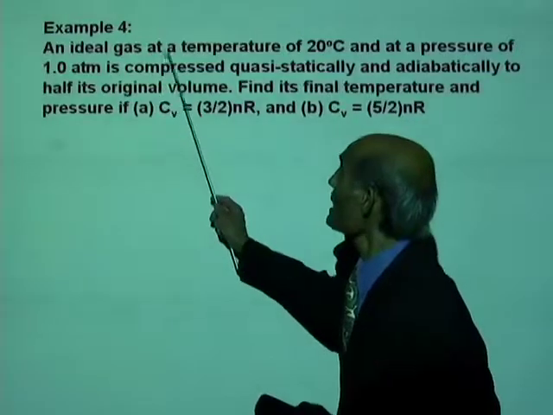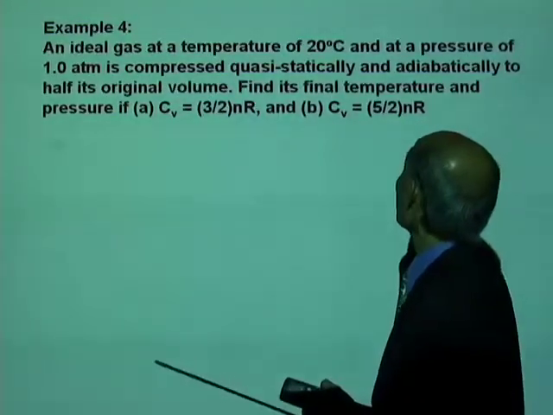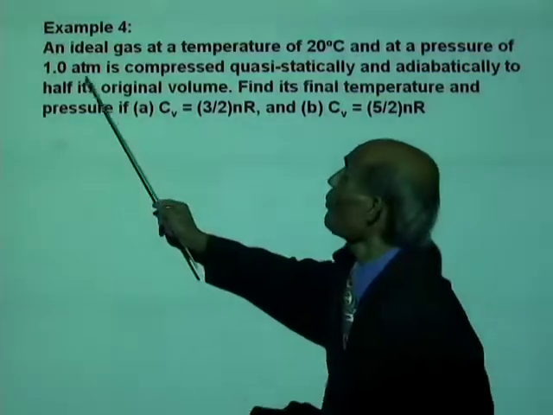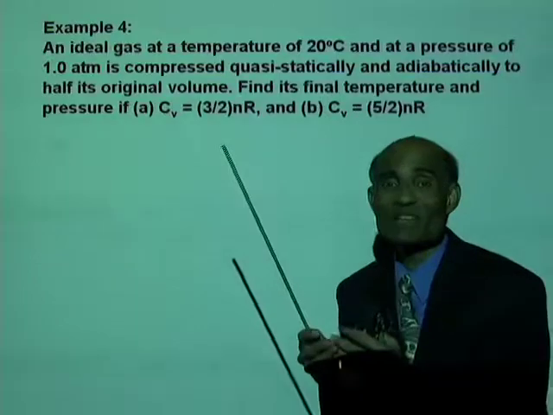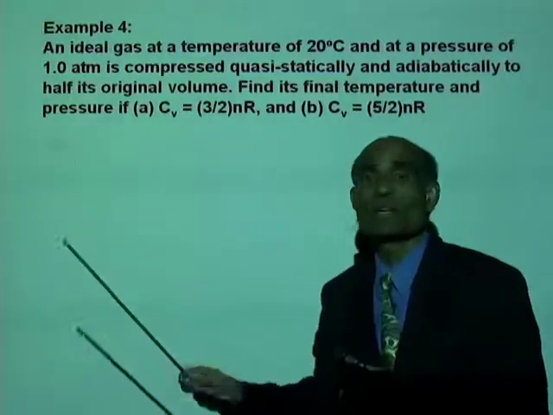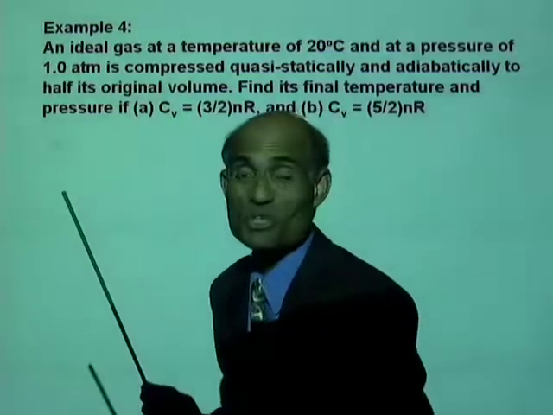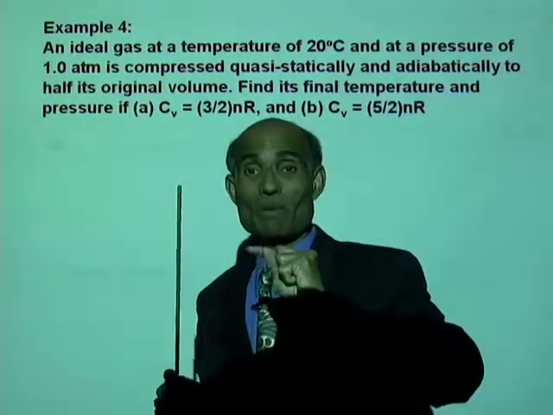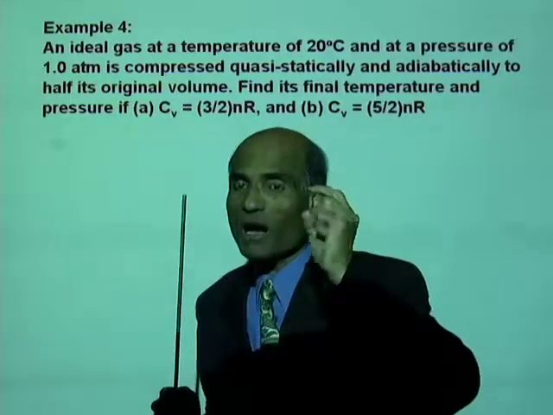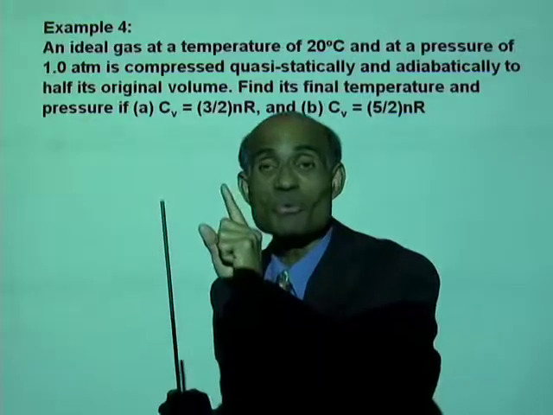Okay, let's do another problem. An ideal gas at a temperature of 20 degrees Celsius and at a pressure of 1 atmosphere is compressed quasi-statically and adiabatically to half its original volume. You see, the moment you see half its original volume, you must say immediately, aha, V1 divided by V2 equal to 2.